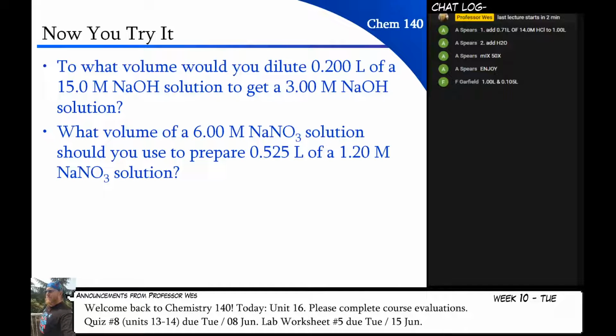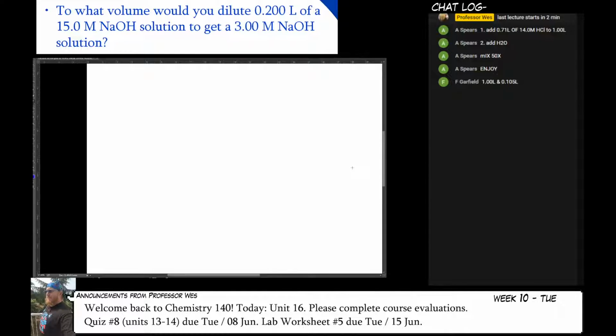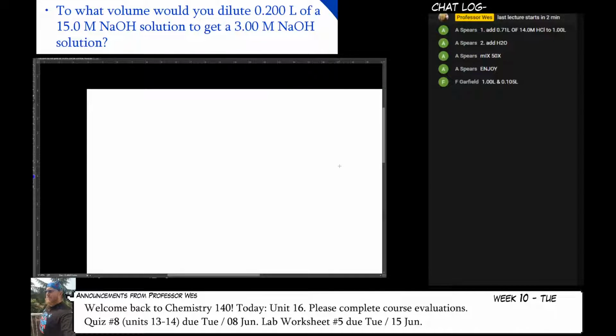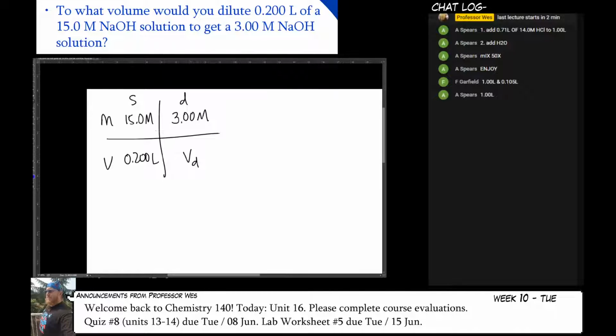So let me clear all this out real quick. So for this first problem, we'll set up our little grid. And so I have a 15 molar NaOH solution, and I have 0.2 liters of it. And I want a 3 molar solution, but I don't know how much water to add to it or what the final solution's volume should be. So we'll solve for this.